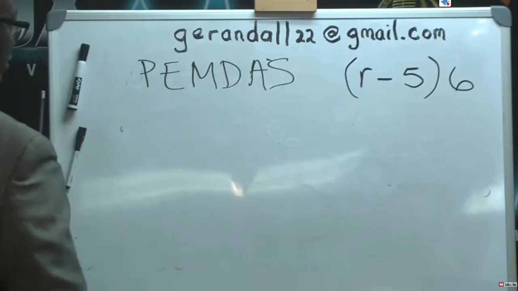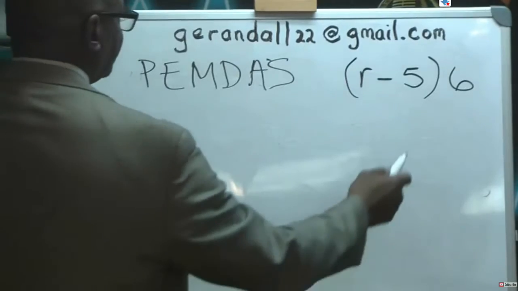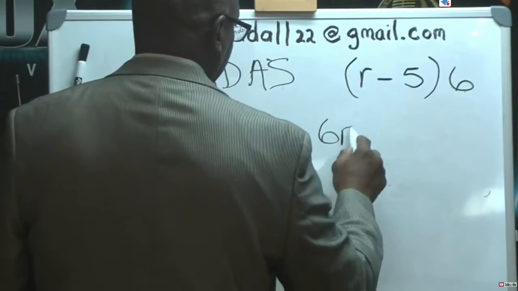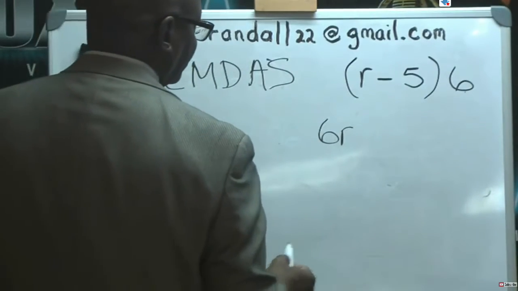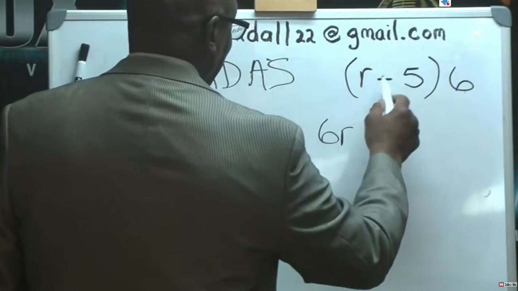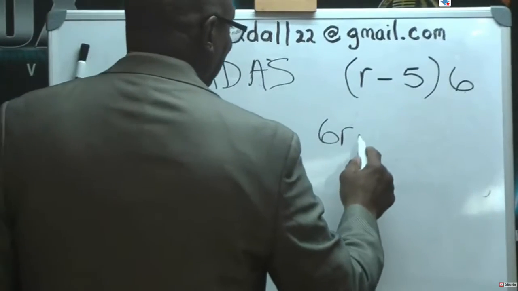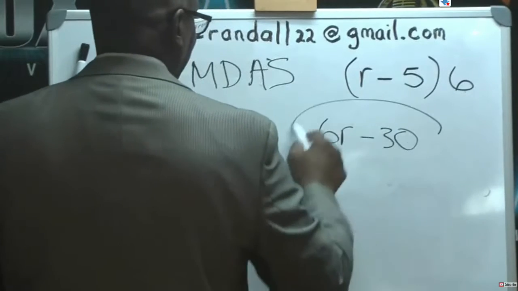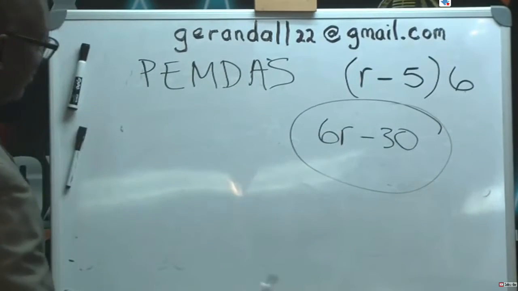So we use the distributive property to go 6 times R is 6R. And that means 6 times R. And 6 times a minus 5 is a minus 30. Final answer. That easy.